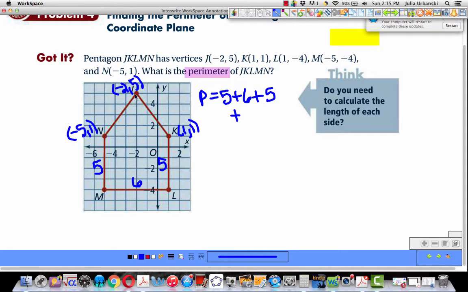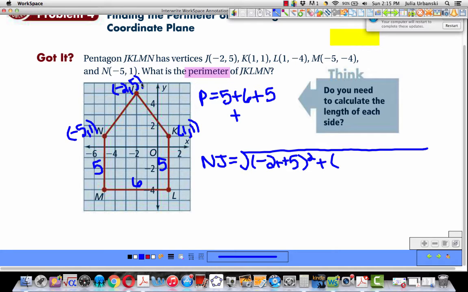So let's find this one first. From N to J, NJ. That's the length of segment NJ. So we subtract the x's first, -2 minus -5, and we square it, that becomes plus a positive. Plus, now do the y's, 5 minus 1, and we square that.